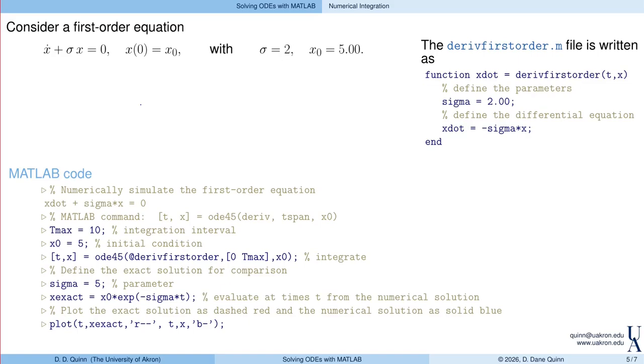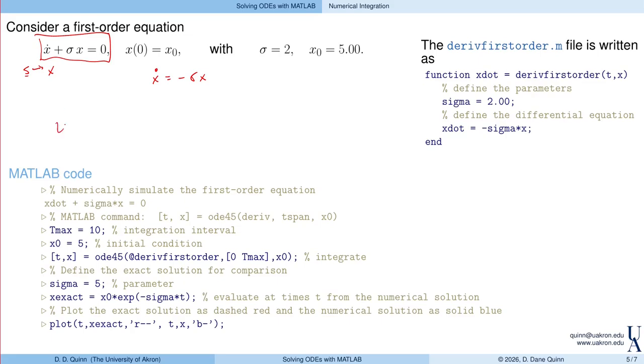So really, these state variables s that we talked about earlier are just x. Now, MATLAB needs to know the derivative of x, but we can solve for that from the differential equation. So essentially, x dot is equal to minus sigma x. This becomes what goes into our derivative function.